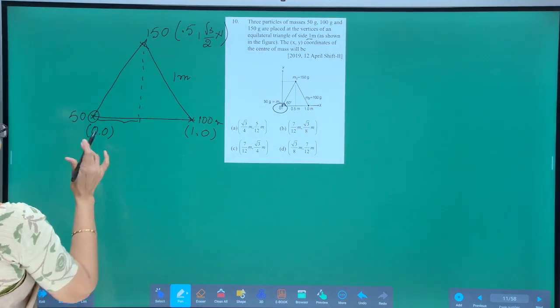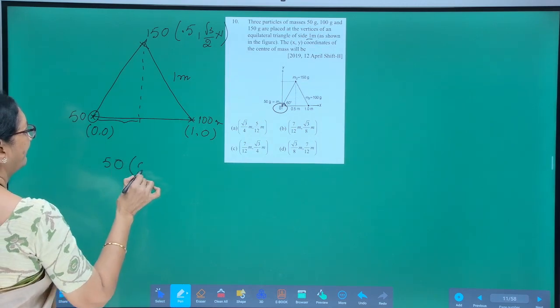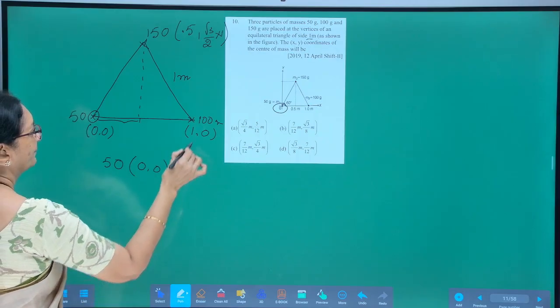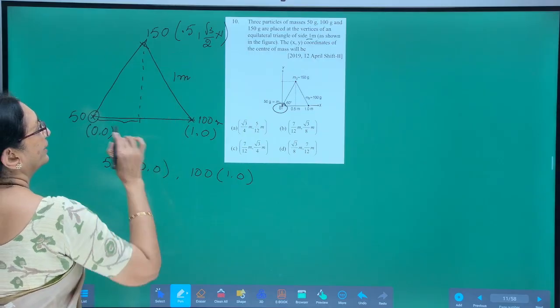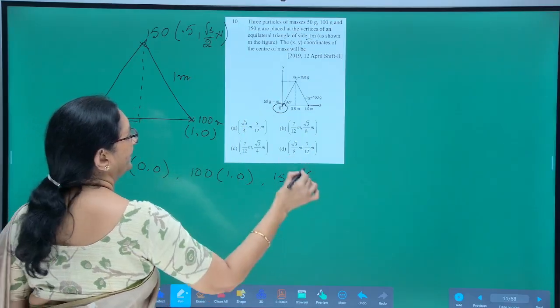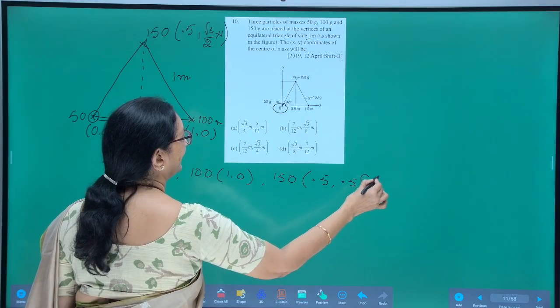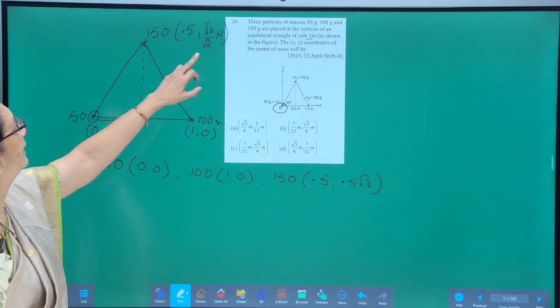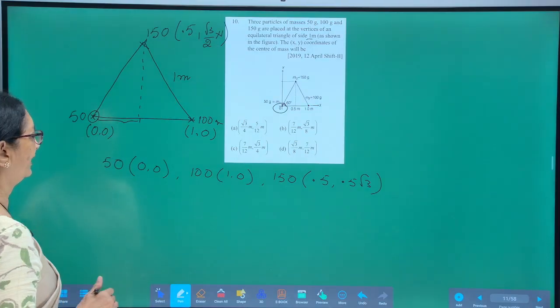So, let us write the masses and their respective coordinates. For 50, 0, 0. For 100, 1, 0. For 150, 0.5, 0.5 root 3. It is root 3 by 2 into 1, that is 0.5 root 3.